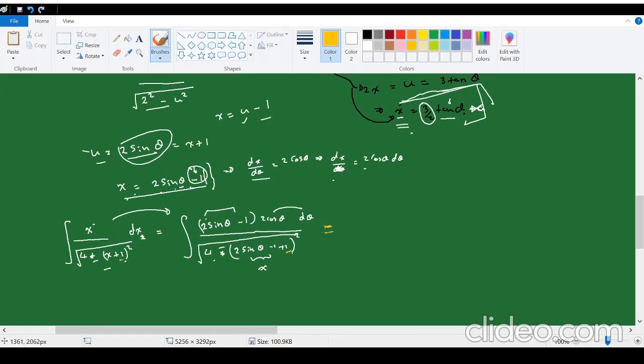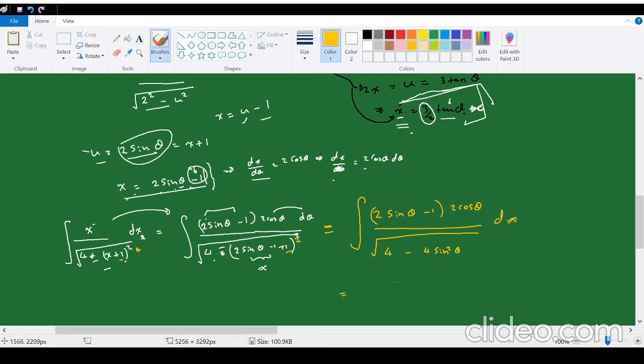So what remains is this one divided by the square root of 4 minus 4 sine squared. Now be careful, you have a squared term here.